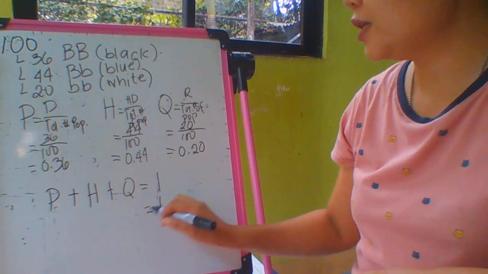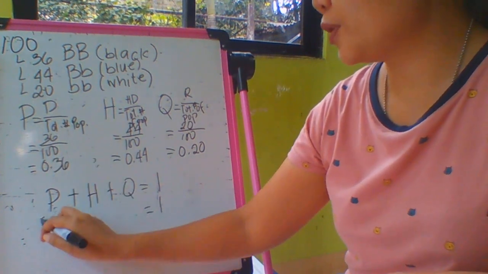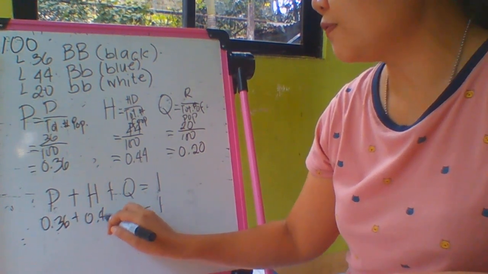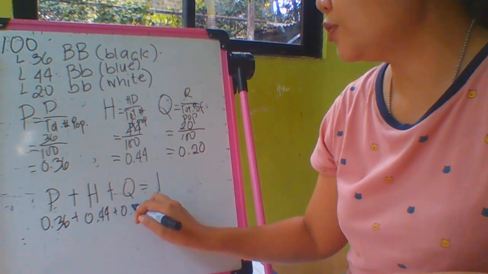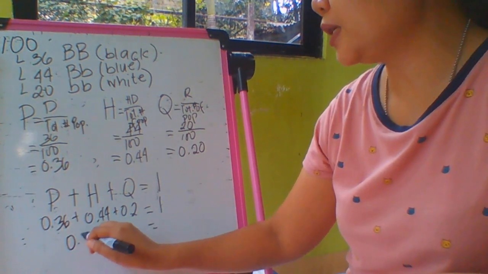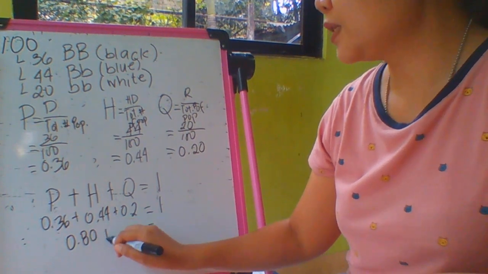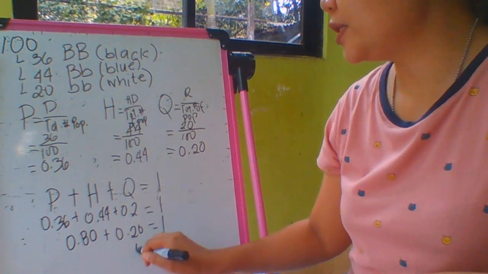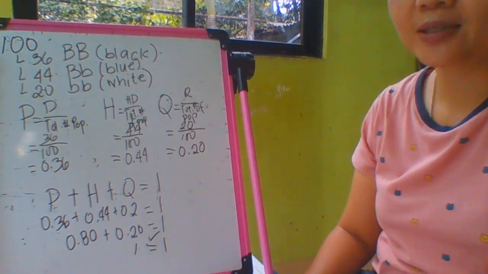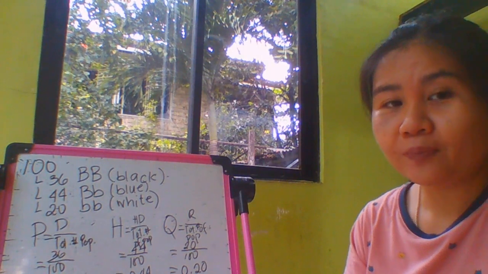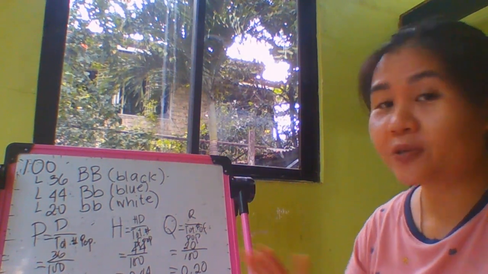So P is 0.36 plus 0.44 plus 0.2. 0.36 plus 0.44, that's 0.8, plus 0.2. So that's 1, and that is correct. On your exam or on your quiz, make sure you check your answers. I will pause for a while, and after this, you will pause for a while.